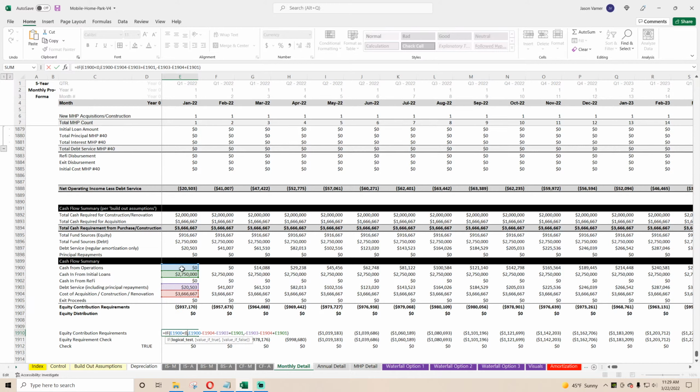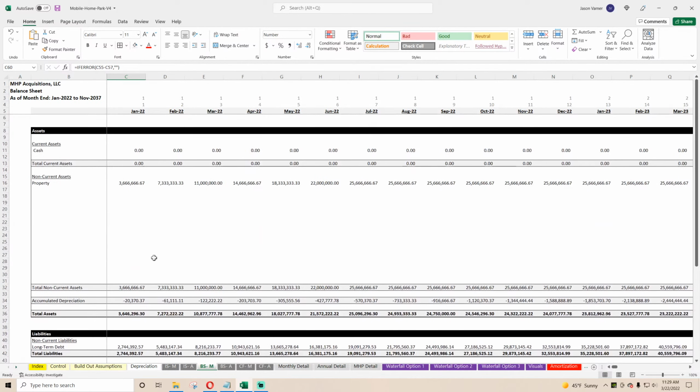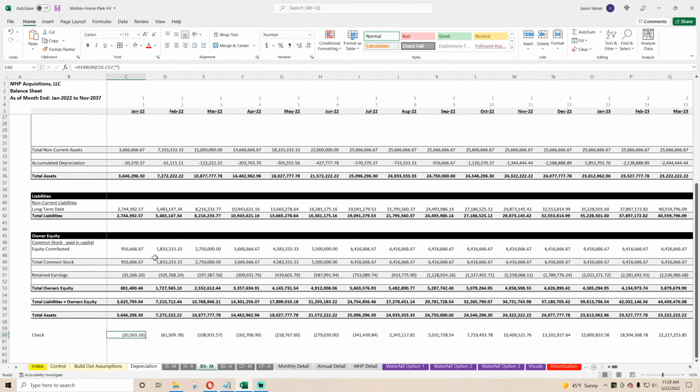Operations minus that minus debt service, minus all debt service. Hmm. So where should that 20,000 be?